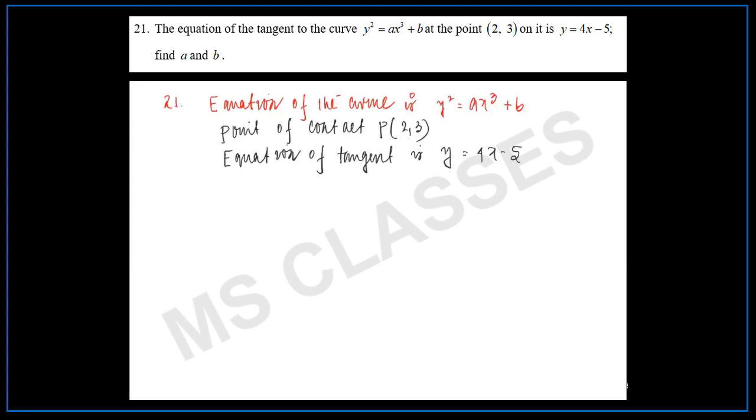Now, to find the equation of tangent, we have to find a slope and then the equation of tangent. So, for finding slope, we take it as equation 1.